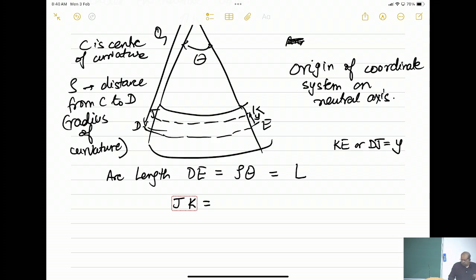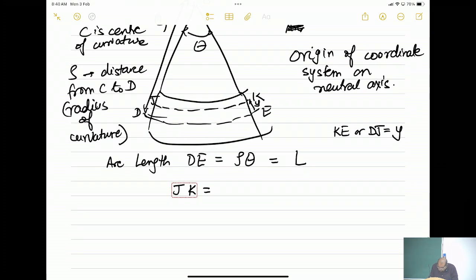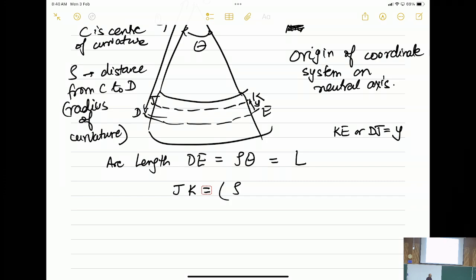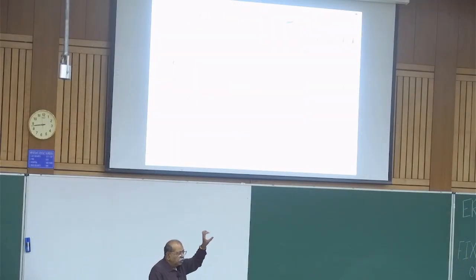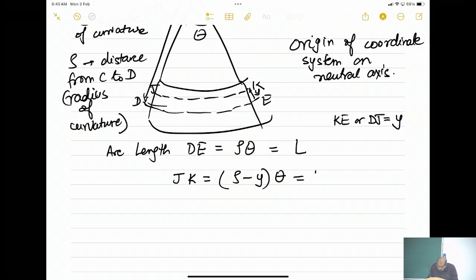So what will be the length JK in terms of rho, Y and theta? It is rho minus Y times theta. So this length JK is equal to rho minus Y times theta, and this is equal to the new length L prime.